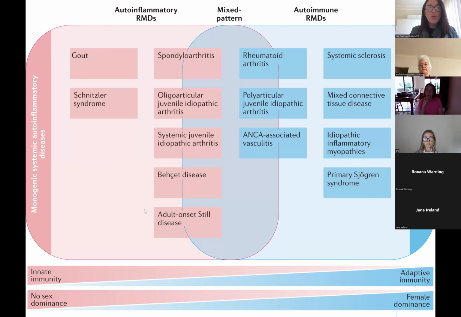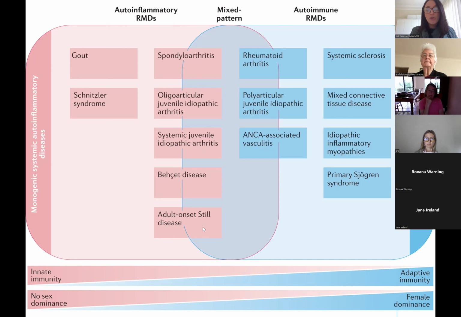It's more that first line innate inflammatory system setting in due to the buildup of uric crystals. We have spondyloarthritis or arthropathies in here. So we have the innate immune system sitting in here. We have some forms of juvenile idiopathic arthritis as well, both oligo and systemic.